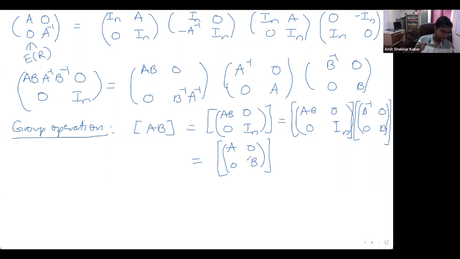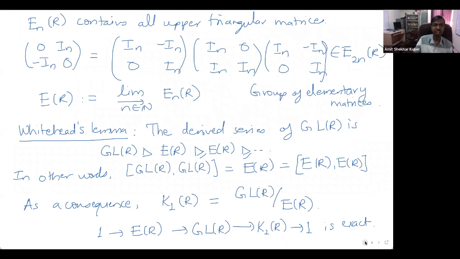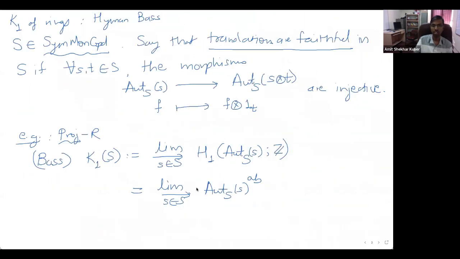So as a functor, the way I defined it, K1 of S is obviously a functor from symmetric monoidal groupoids to abelian groups for strict monoidal functors.